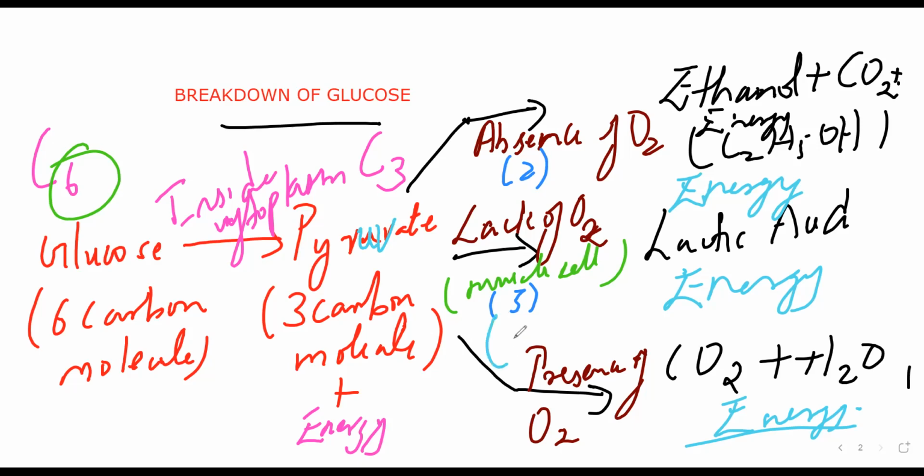In the mitochondria, the powerhouse of the cell. The last case, we are getting only carbon dioxide and water. Second case, lactic acid. First case, ethanol plus carbon dioxide. With everything, you have to add energy. The first one is two carbon molecules, three, and the remaining one.